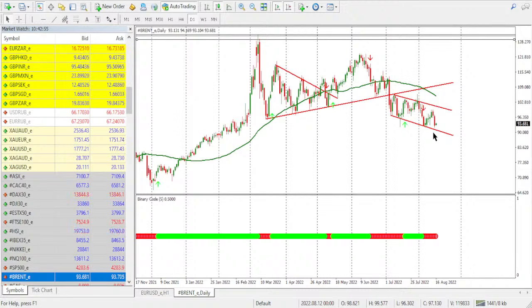So as it is right now, the price is within a descending channel formation, which means we are expecting a buy from the trend line at the bottom, we are expecting a sell from the trend line at the top. So this will be a good place to look for a buy from, and the line at the top will be a good place to look for a sell from.